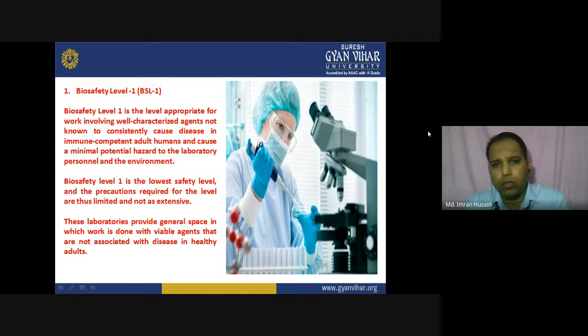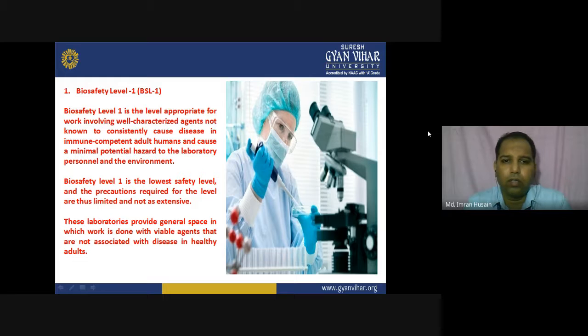So most of the time, the individuals working in BSL-1 laboratories are pretty safe because the agents being used are not that risky. They are not known to be a real threat, or highly pathogenic or highly contagious in nature.